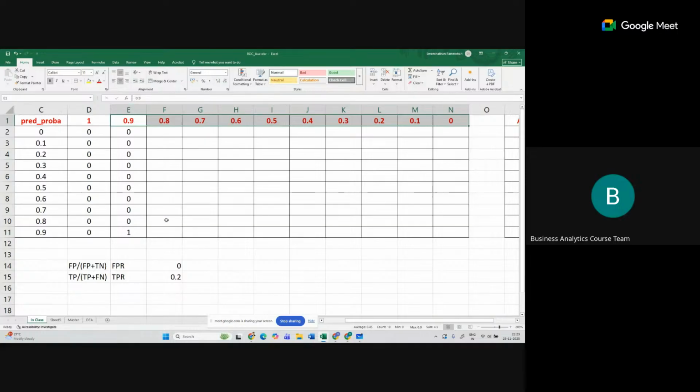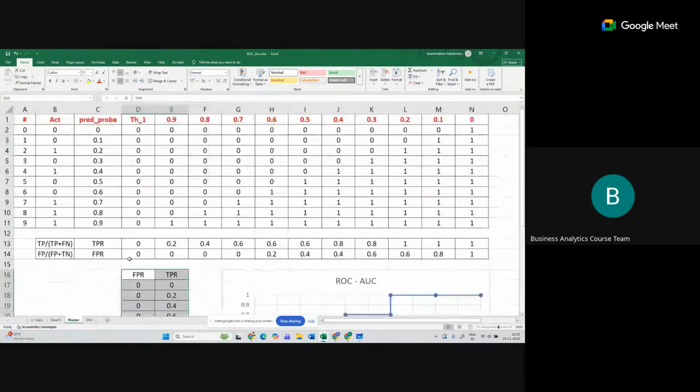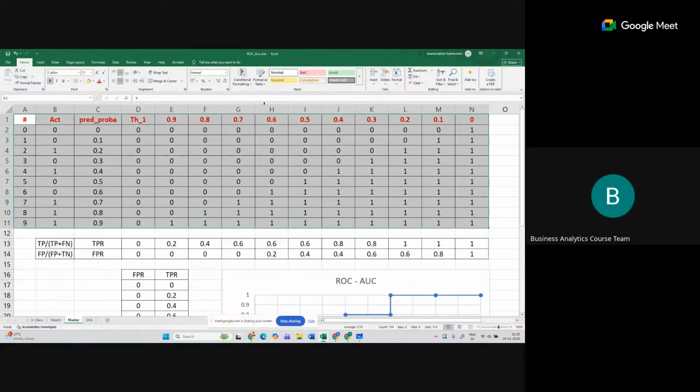So here you will have 1, 1 here. Rest all will be zeros. Similarly, here it will be 3 ones, rest all zeros. If you look at the master, this is what I have. This is all zeros. This is all ones. Is this clear? How I derived this threshold table?